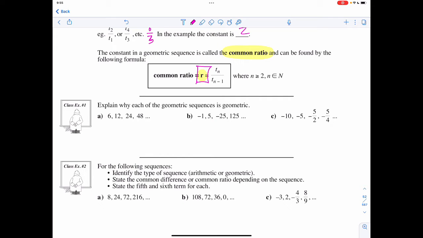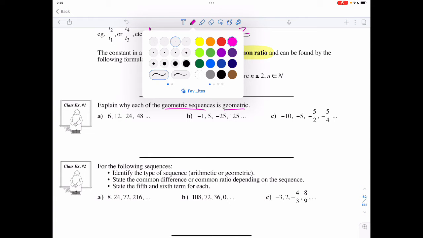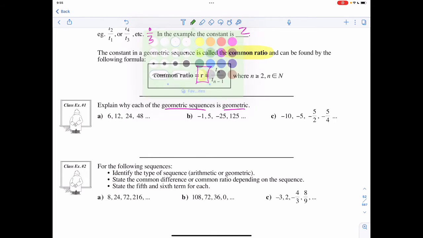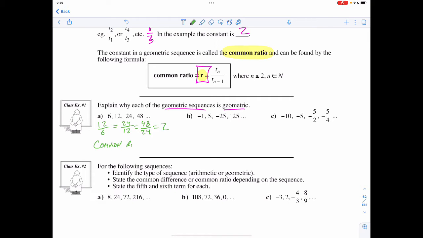So if it says, explain why each series is geometric. The first one is geometric because if I take 12 divided by 6, or I take 24 divided by 12, or I take 48 divided by 24, they all equal 2, which means that I have a common ratio of 2.